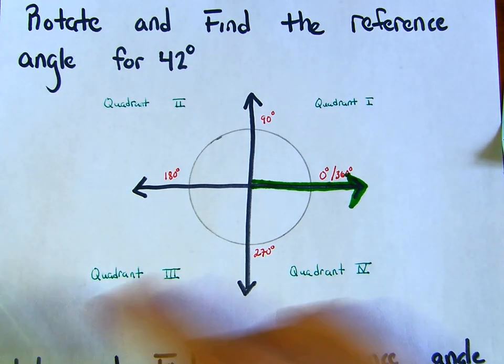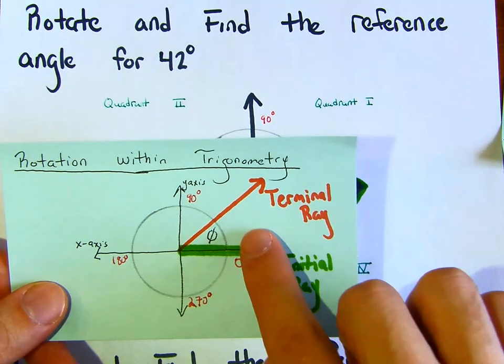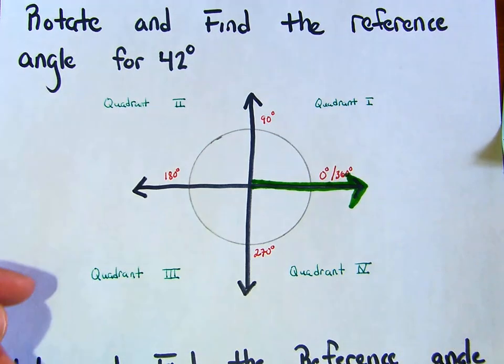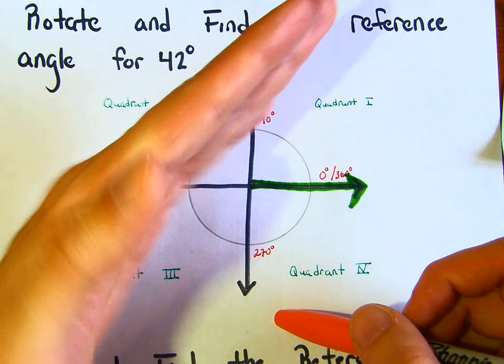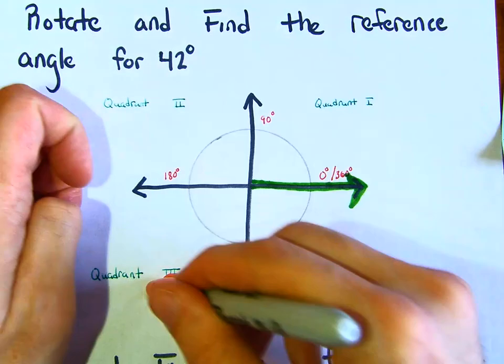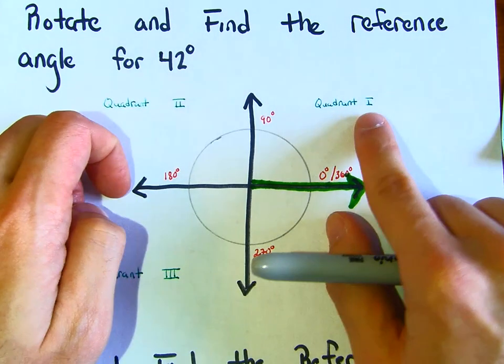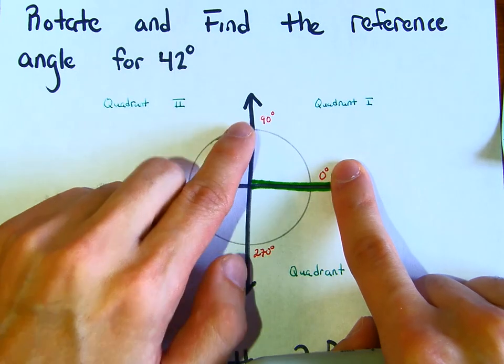Now, what is our terminal ray? Over here, our terminal ray is 42 degrees. So all we're going to do is rotate 42 degrees, but where will 42 degrees be? In which one of these quadrants? Very simply, it's in quadrant 1 because 42 is in between 0 and 90.